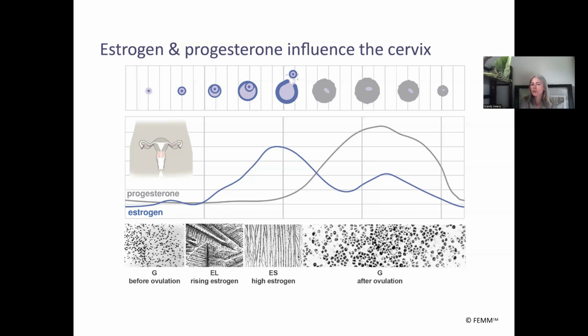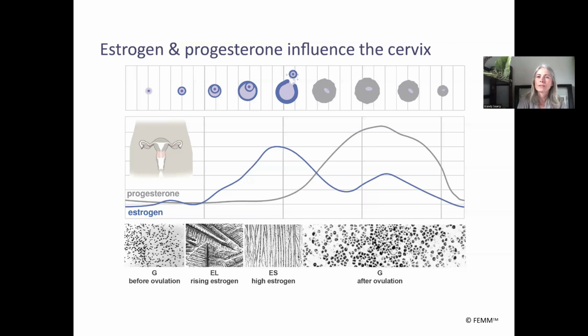So this leads us to EL-type mucus. The easy way to think of this, and what's most suitable for you as someone who's tracking your cervical fluid to know when you're fertile, is to think of EL as estrogen low.